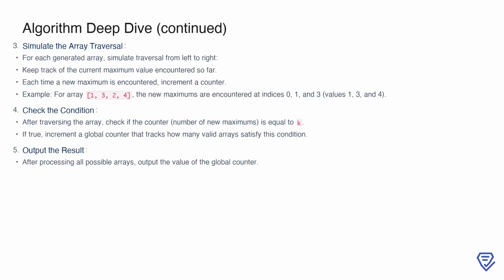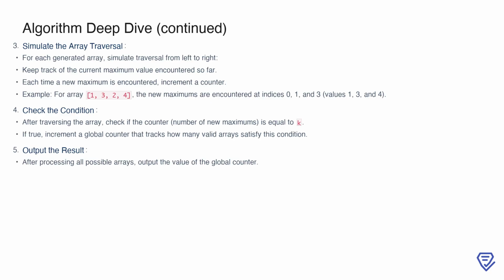After generating all possible arrays, the next step is to simulate the traversal of each array. This means iterating through the array from left to right while keeping track of the current maximum value encountered so far. Each time you encounter a new maximum value, you increment a counter. For instance, consider the array [1, 3, 2, 4].